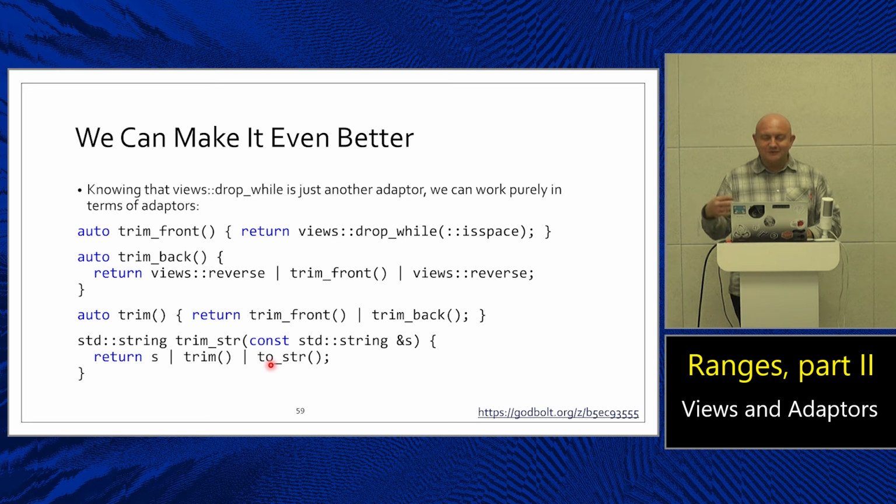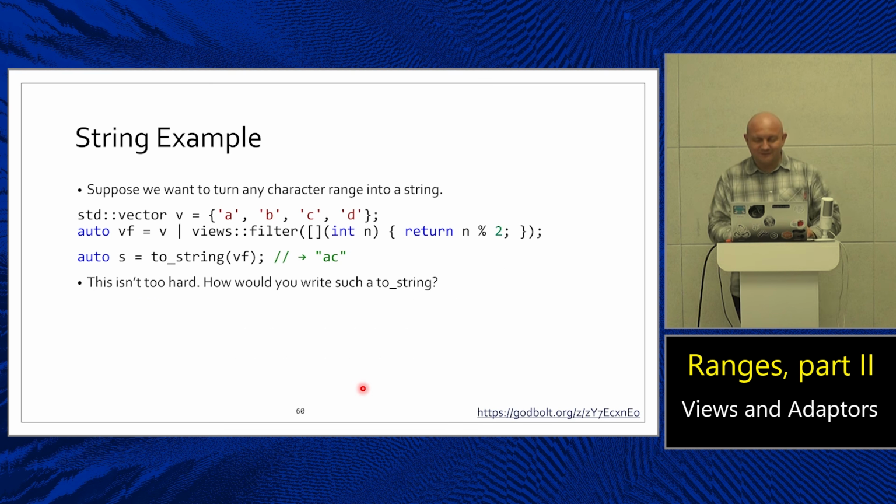Small composable adapters connected with pipes, doing one thing each, readable, reusable, and once you get used to it, surprisingly elegant. I think this example is surprisingly elegant, but we can do it even better. We do not yet know what toString is. Yes, let's write it. Let's start with a simple version.